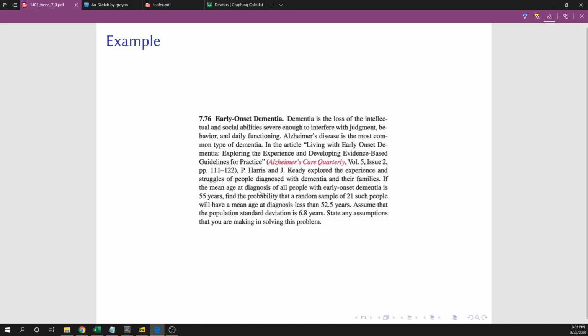So sigma is 6.8. All right, and then what is it that we want to do? We want to find the probability that a random sample of 21 such people will have a mean age less than 52.5. So we want to find the probability that x bar, the sample mean, is less than 52.5.